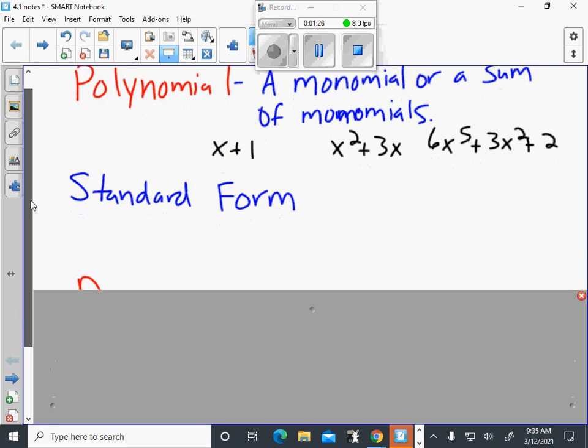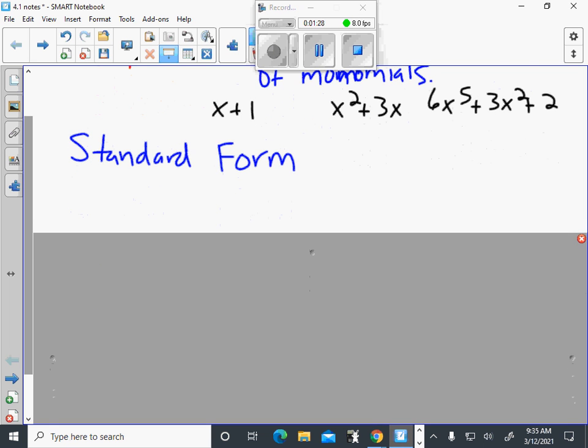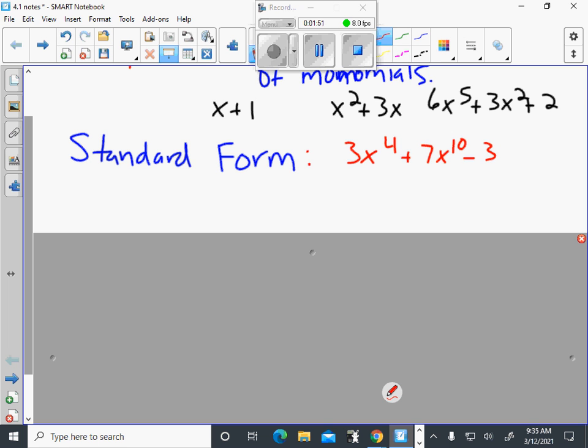Down here we have standard form. Standard form means the degrees go in order, from highest to lowest. So if we had the function 3x to the 4th plus 7x to the 10th minus 3x plus 2x squared, we don't write this in standard form.